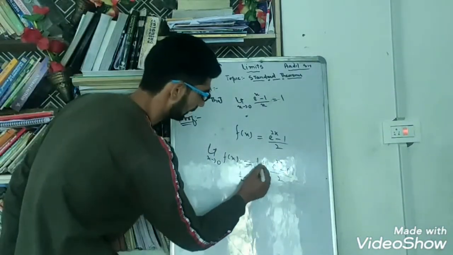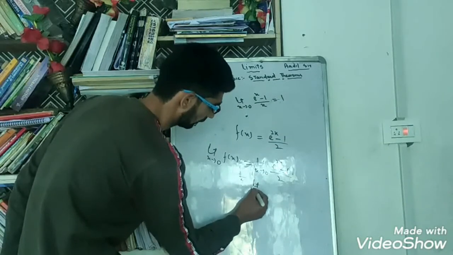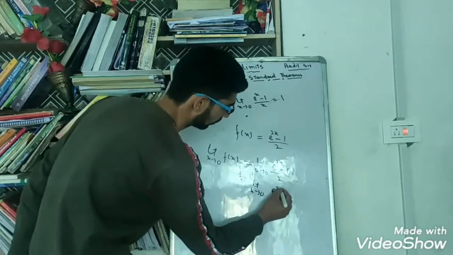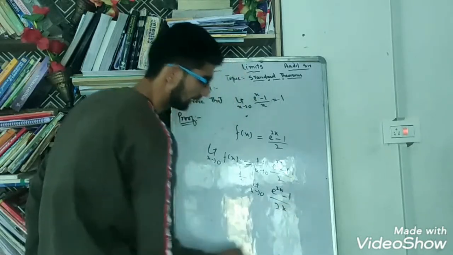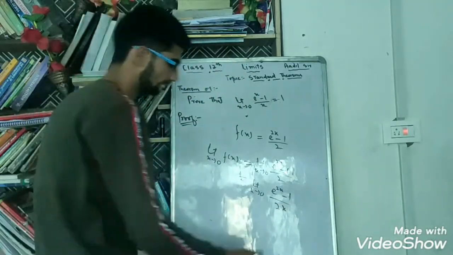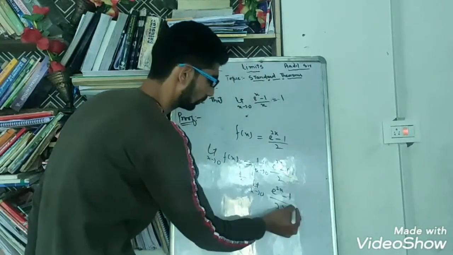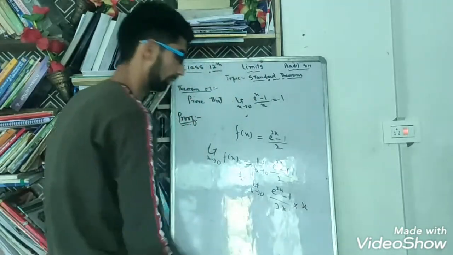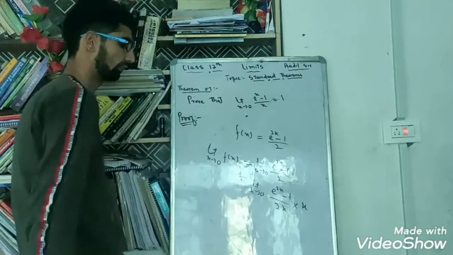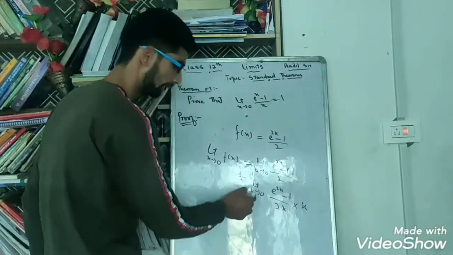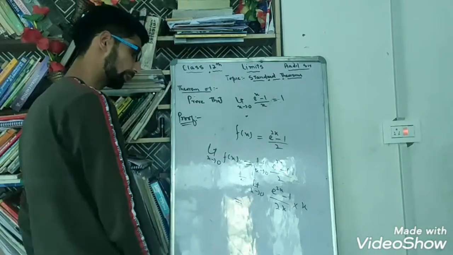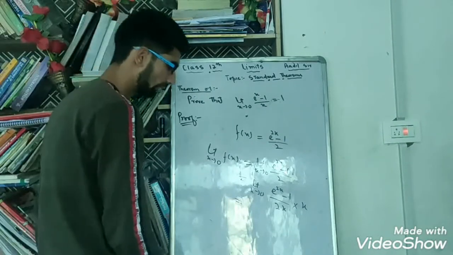Now it is the limit as x tends to 0. We have e^(2x) - 1. We have here 2, I can write 2x, and then beta x is now, I will multiply here because x and x will get cancelled and we will get our result back. So it will be the limit as x tends to 0 of (e^(2x) - 1)/2x.